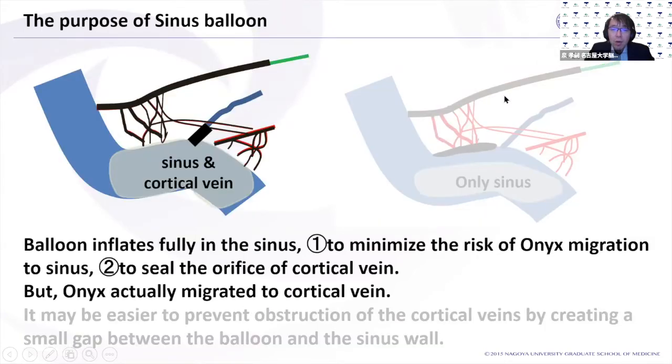If Onyx comes to the sinus, we must stop injecting. The arterial network is not embraced, but it's safe for the cortical vein.